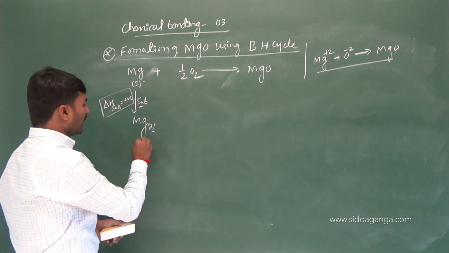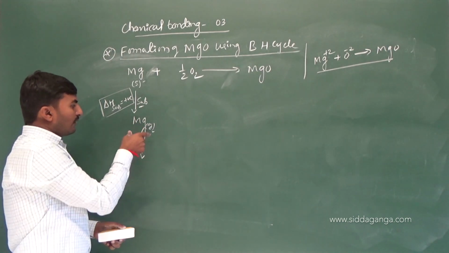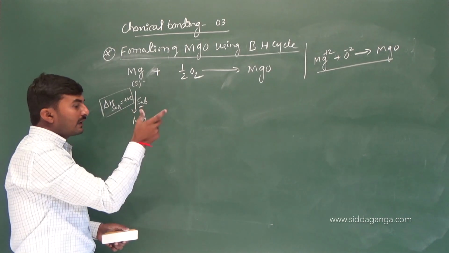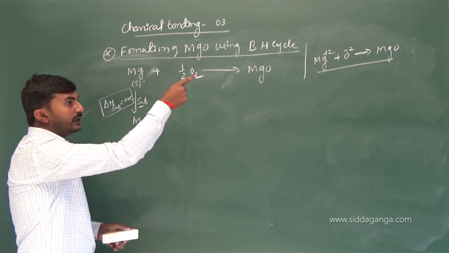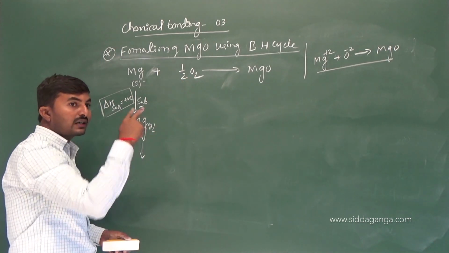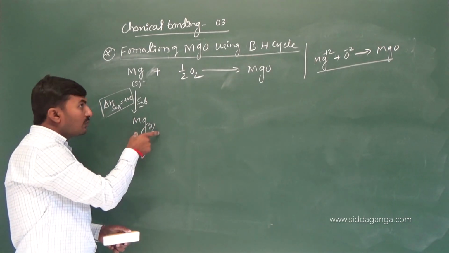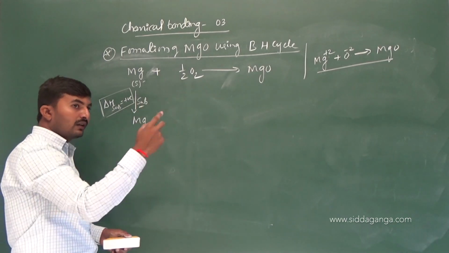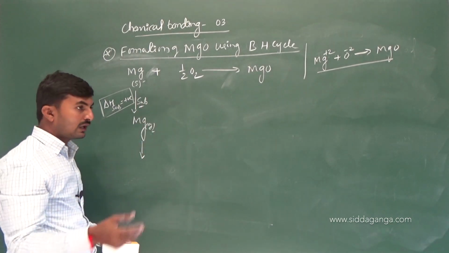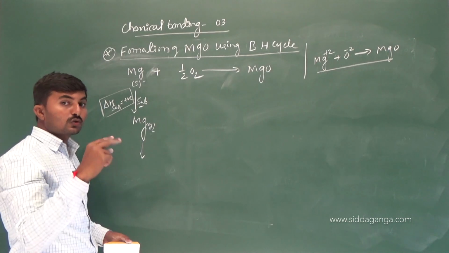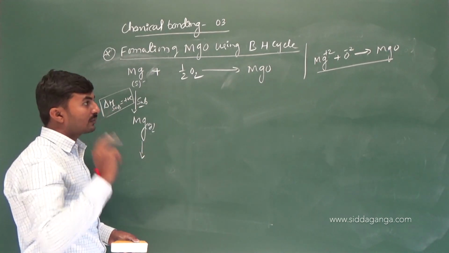Okay, followed by that, first, we cannot directly convert this magnesium atom into Mg+2 ion. We cannot remove both the electrons immediately. First we have to remove one electron, followed by one more electron. Removal of two electrons at a time is not possible.